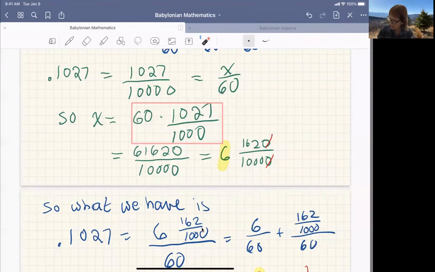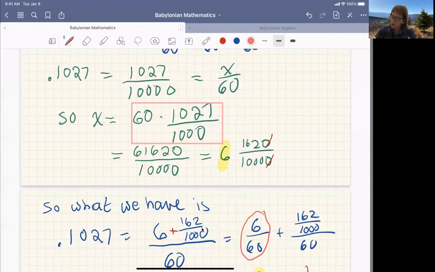So I'm going to separate this out into two pieces, because remember, this represents a plus. So I'm going to separate it out into two fractions. 6 over 60, well, that looks kind of nice. I like that part. But the rest of it I don't like. It's a fraction divided by 60.